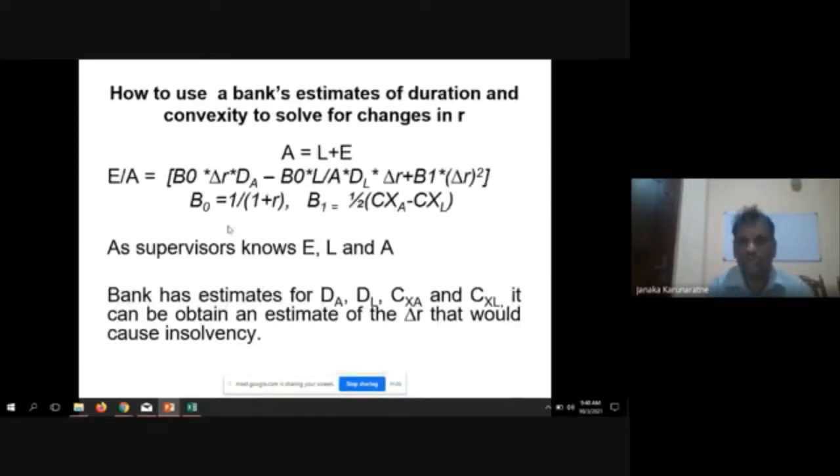So try to do the best possible way. Then you also have to consider the market appetite. Just because you want to raise more long-term deposits, there may be no appetite in the market for such long-term deposits in that particular environment.